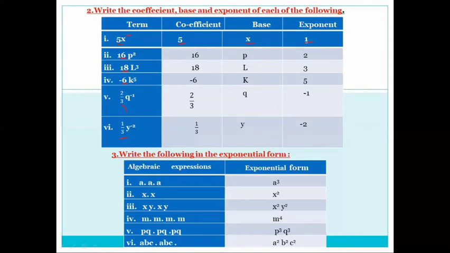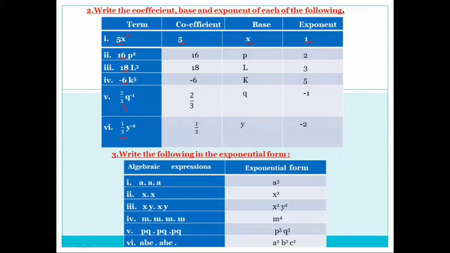If no value is mentioned in the front of the given variable, in the given term, then understood that in 5x, 5 is the coefficient, x is the base, and 1 is the exponent.